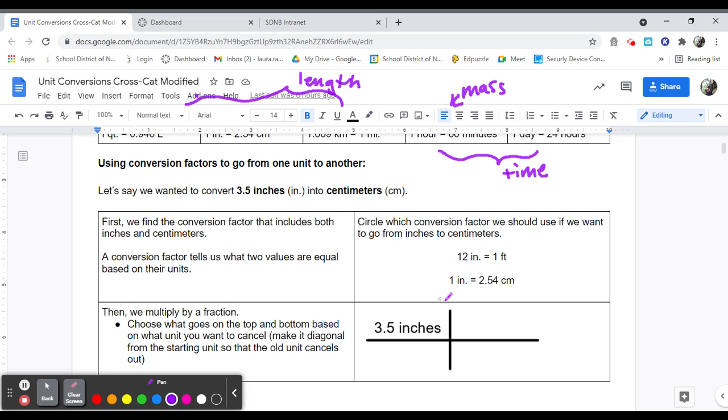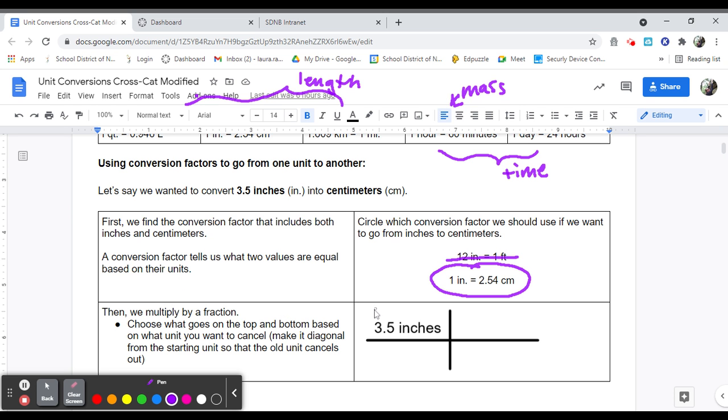Here, I have two examples of conversion factors that have inches. While 12 inches is equal to 1 foot, that one doesn't have centimeters and inches in it, so we can't use that one. But here, 1 inch equals 2.54 centimeters. That tells us how many inches are equal to how many centimeters.